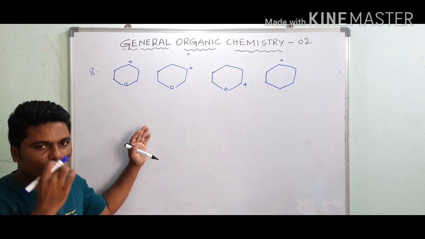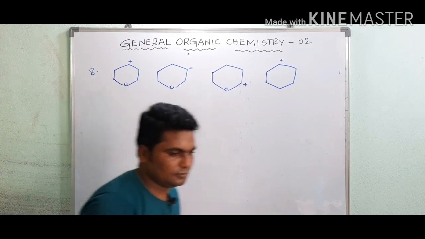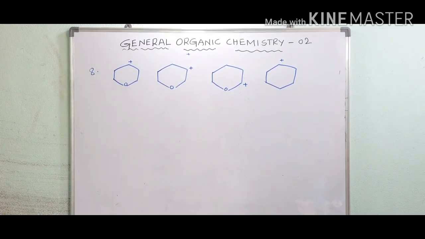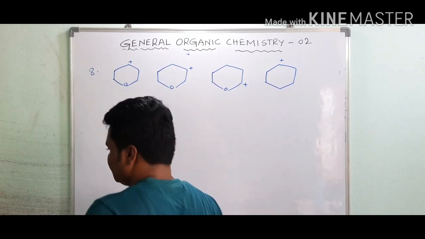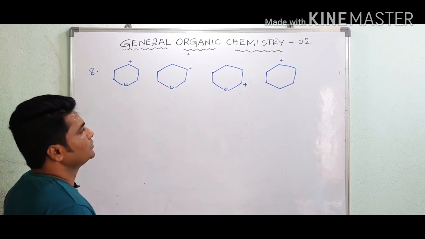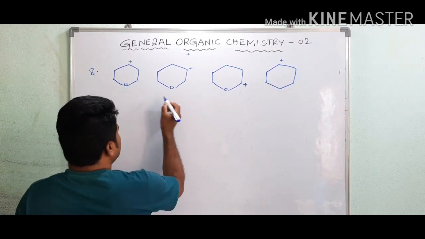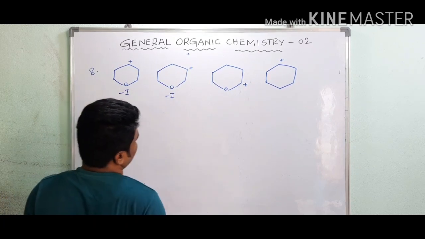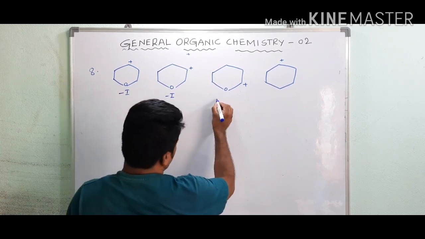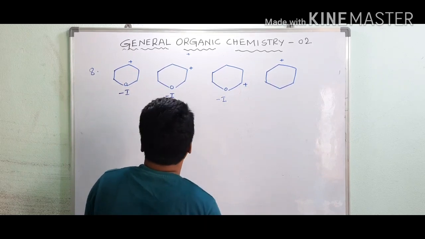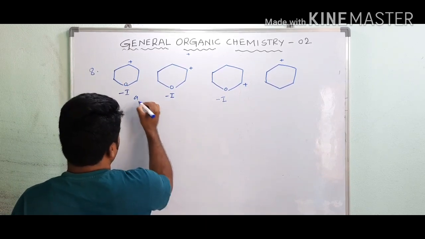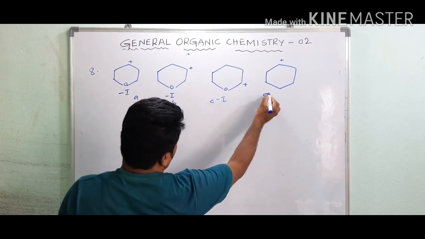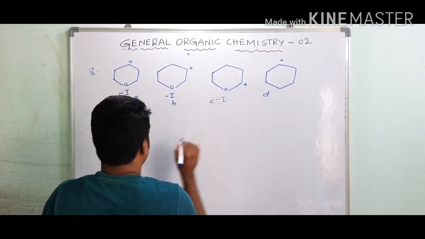Now tell me what would be the answer? What would be the answer? Here now this oxygen shows minus A effect. Minus A effect. Okay. And see here minus A effect. So according to inductive effect, just tell me. So this is more stable. D.